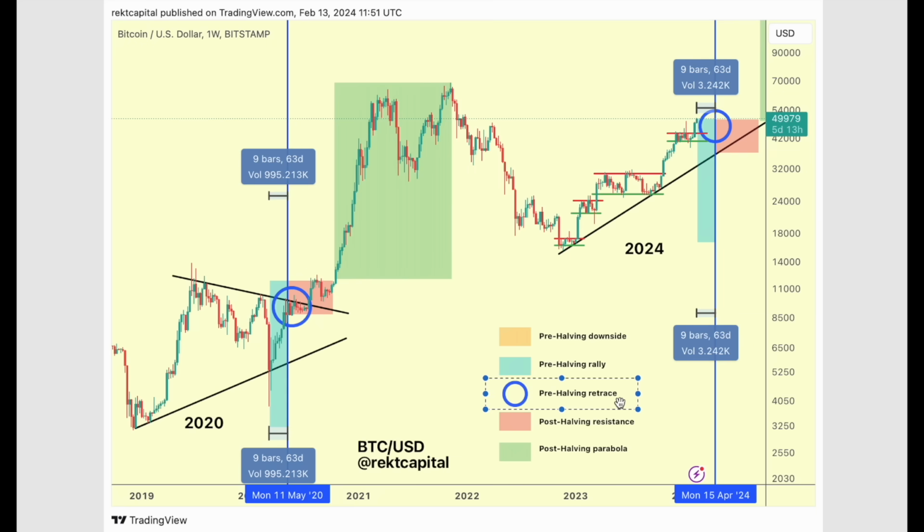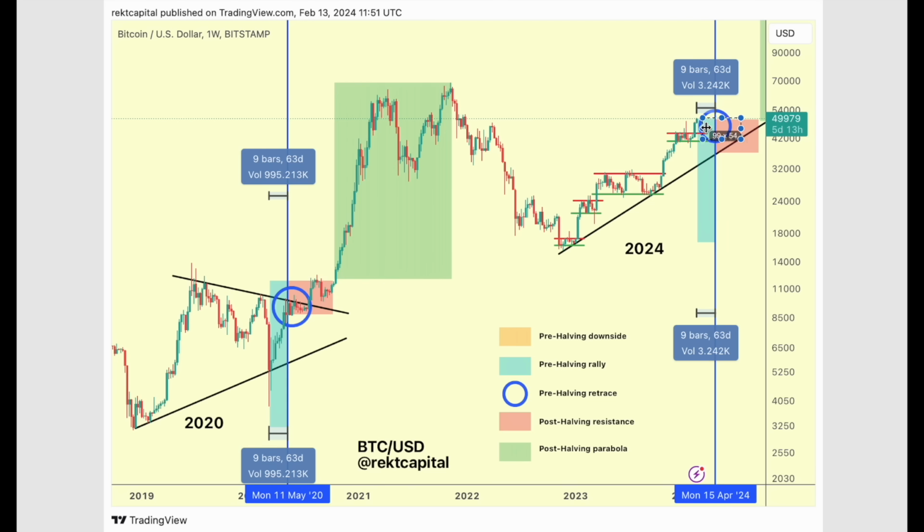So this pre-halving retrace is caused to a great extent by the traders who want to play this move and profit off this move. And of course, the sell side price action that occurs, this is where the so-called weak hands tend to sell and capitulate, afraid of seeing new lows.